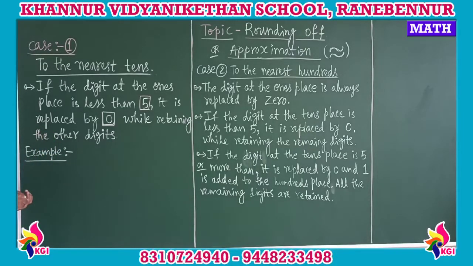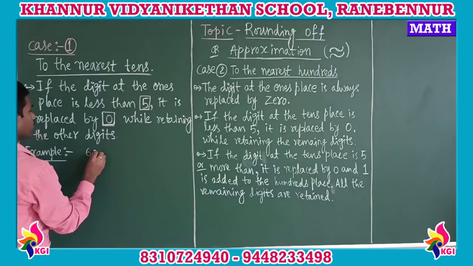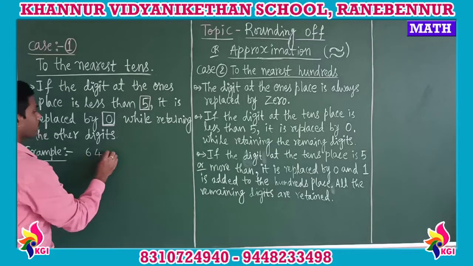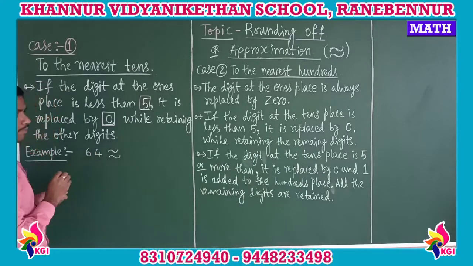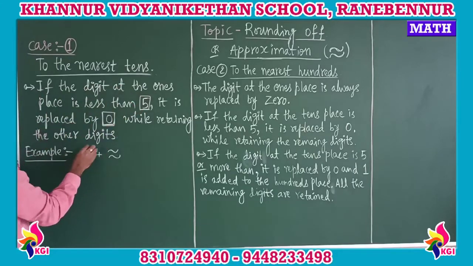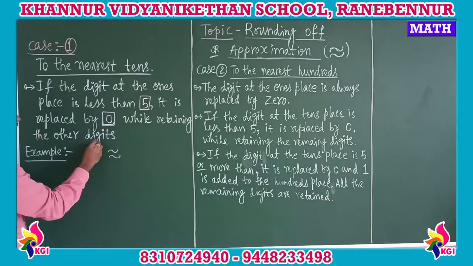Now I am taking one example here, that is 64. I want to write this in the nearest tens, or the rounding off number. What is the approximate number to the nearest tens? It is a 2-digit number. First of all, you don't see any other places, you just see the ones place.